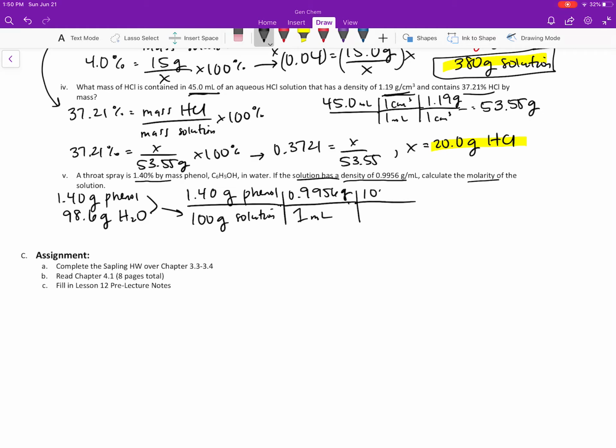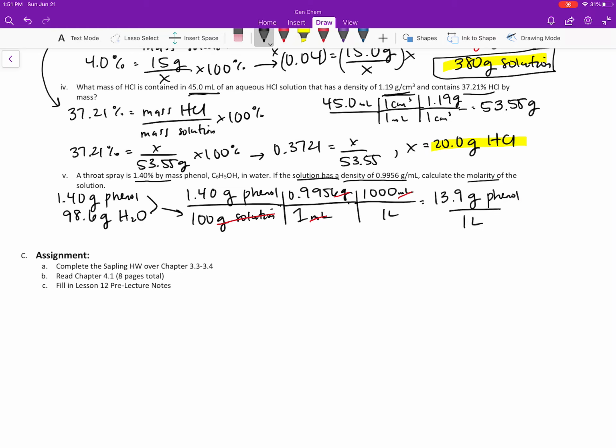And I'm going to convert that to 1,000 milliliters for every 1 liter. So now the units I'm going to get: grams will cancel out, milliliters will cancel out. It's going to leave me grams of phenol to 1 liter of solution. And that's going to be 13.9 grams of phenol for every 1 liter of solution.